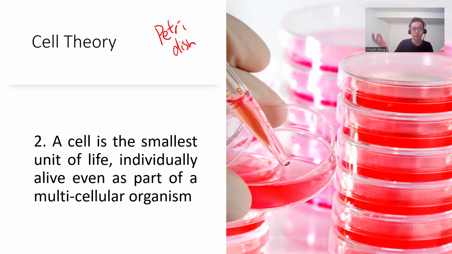We can take the cells out of your body, put them in one of these dishes, and feed them with nutrients, and they will be able to live on their own. Not forever, but for quite some time, as long as we supply them with the right nutrients. So we are alive as an individual, but on a cellular level, each cell is also alive on its own.